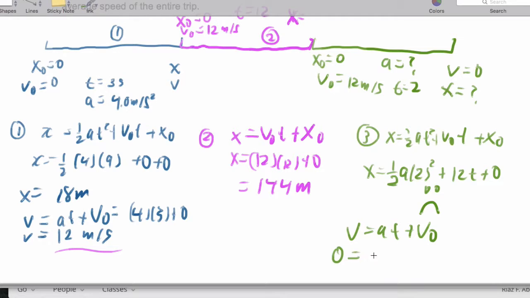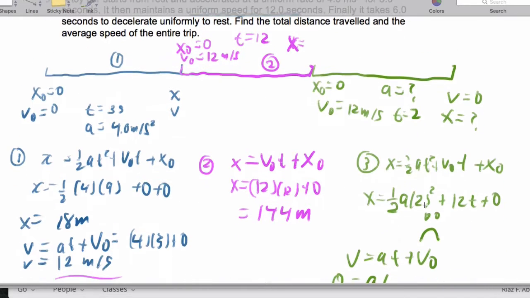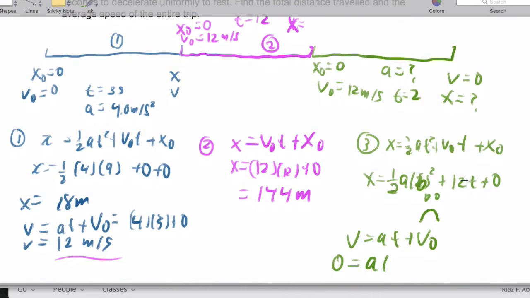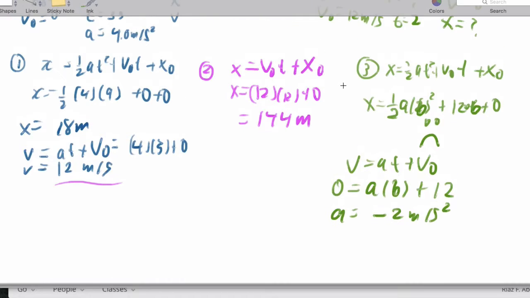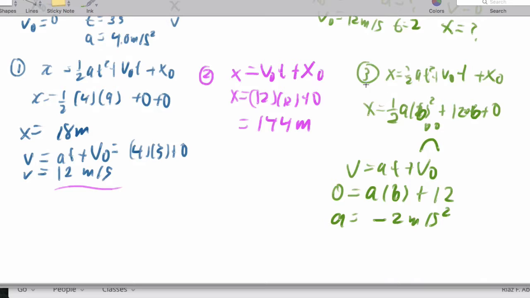So we have 0 is a times the 6 seconds. Sorry, that should be 6 there, and that should be 6 there. A times 6 plus this speed of 12, and a ends up being -2 meters per second squared. Aha. Now let's see what we can do with this. Maybe we can plug it back in this first one here. So let's try it.